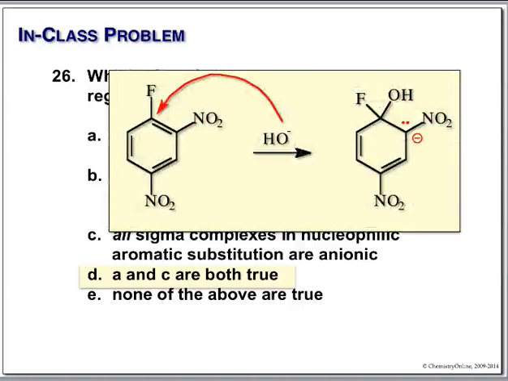In this mechanism, you'll note that the nucleophile must add adjacent to the nitro group, so that the electrons can go here and be delocalized. So if you want to say nitro activates, it would activate ortho to itself, but never meta.